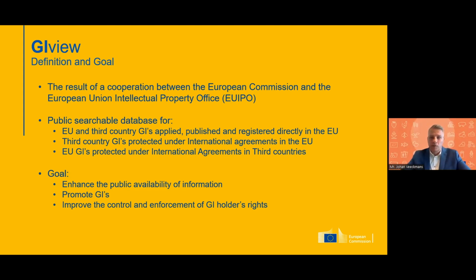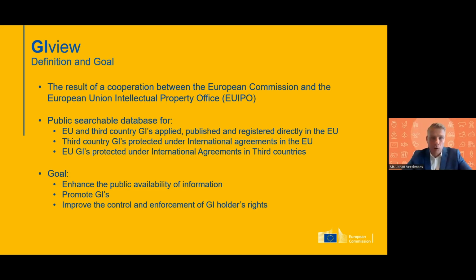GIview is the result of a cooperation between the European Commission and the European Union Intellectual Property Office. It is a public searchable database for EU and third country GIs applied, published and registered in the EU, as well as third country GIs protected in the EU under international agreements.